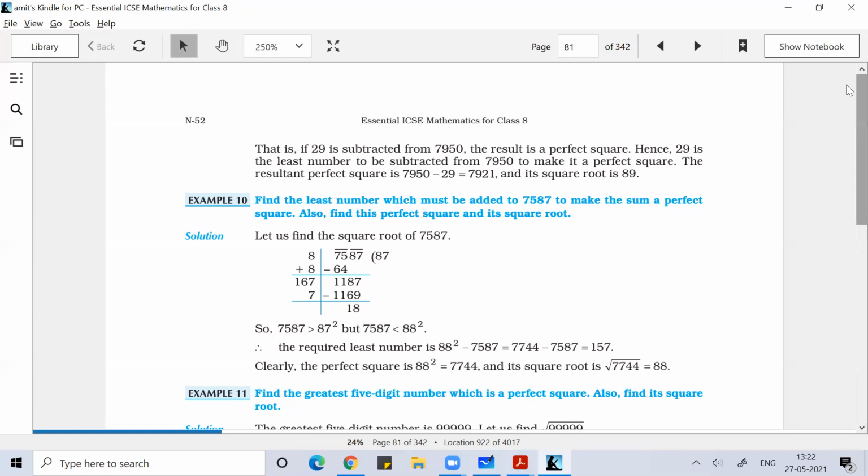Then bring 99 down. 6, 61, 620, 5 5s are 25.